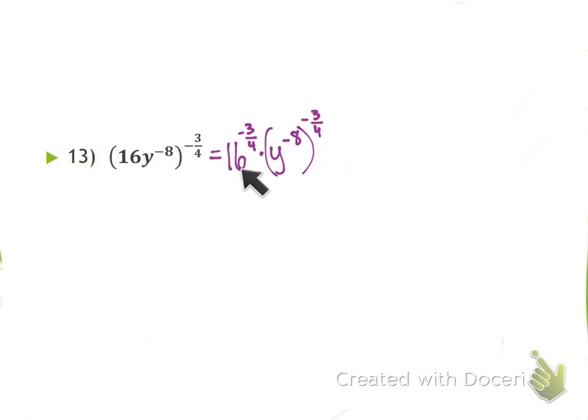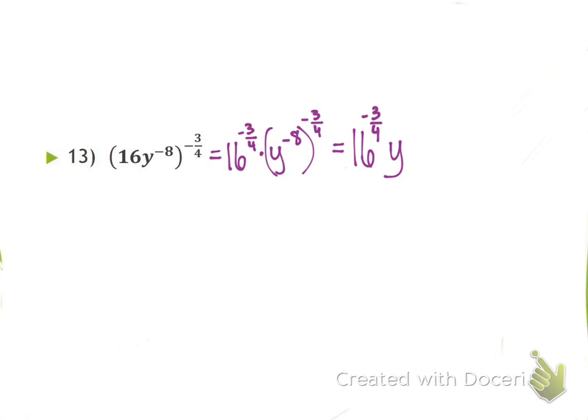Now with the 16, there's nothing really to simplify just yet. Whereas with the y to the negative 8th to the negative 3/4, if we're taking a power to a power, how can I simplify that? A power to a power, what do we do? No. Multiply them. So we take negative 8 times negative 3/4.